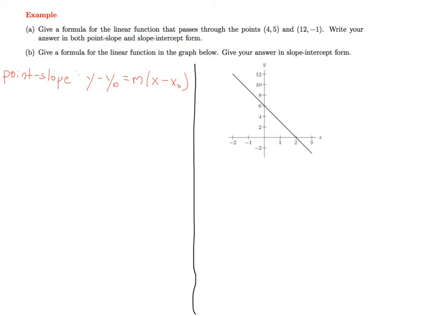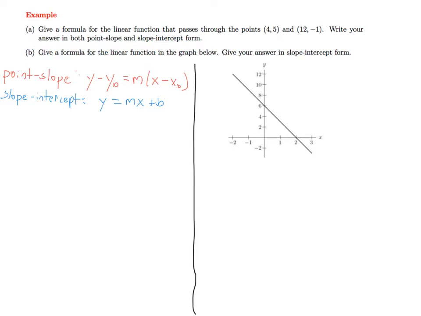The slope-intercept form in general looks like y is equal to mx plus b. Where here the slope is m, so whichever way we write it, we should have the same slope, and b here denotes the y-intercept.